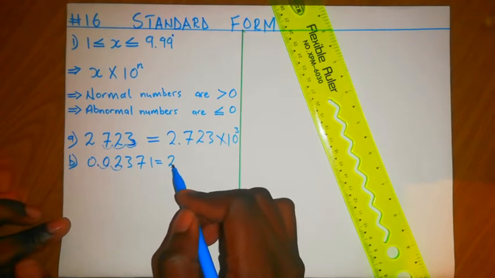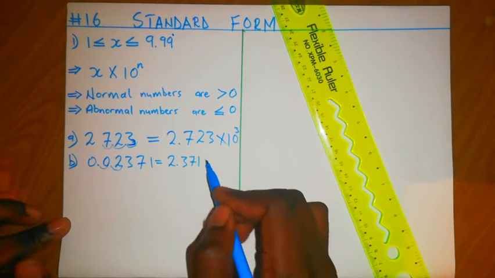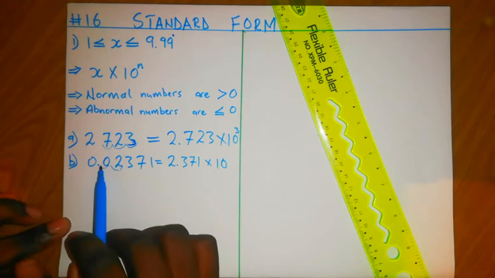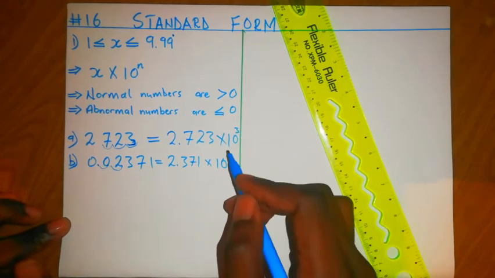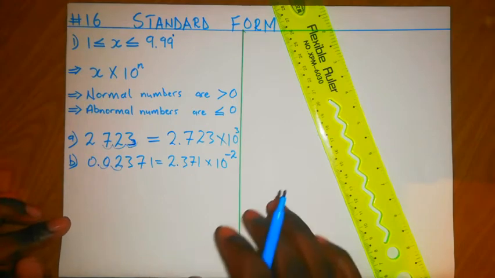So it's equal to 2.371 times 10 to the power, and our comma moved 2 times, so that's negative 2. This is the very basic concept that you're supposed to understand.